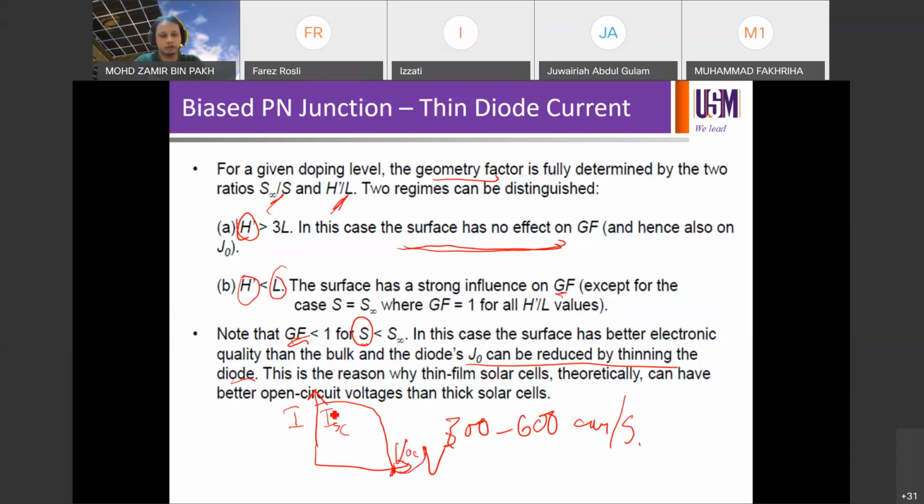You want the short circuit current and the VOC both to be high in order to produce a highly efficient solar cell. By reducing the device thickness, J0 will reduce, and this will increase the VOC, and this will increase the efficiency of the device. So this is only applicable for solar cells.